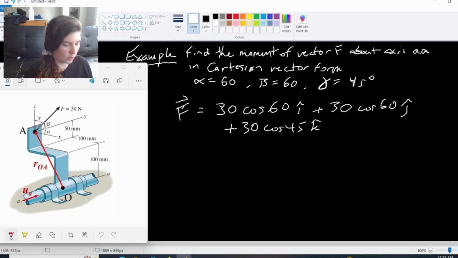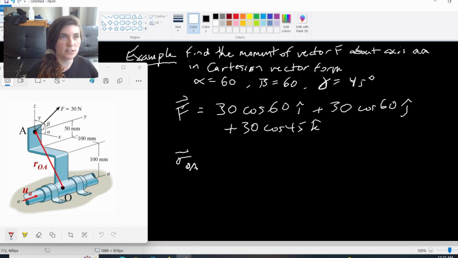Now we'll look at what our position vector is. It gives us here, and it calls it ROA, right? R from the origin O, which is sitting on axis AA, to point A, which is where our force vector is starting.